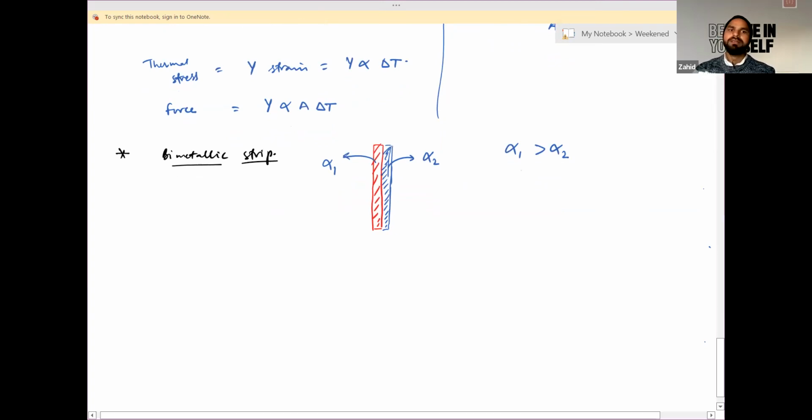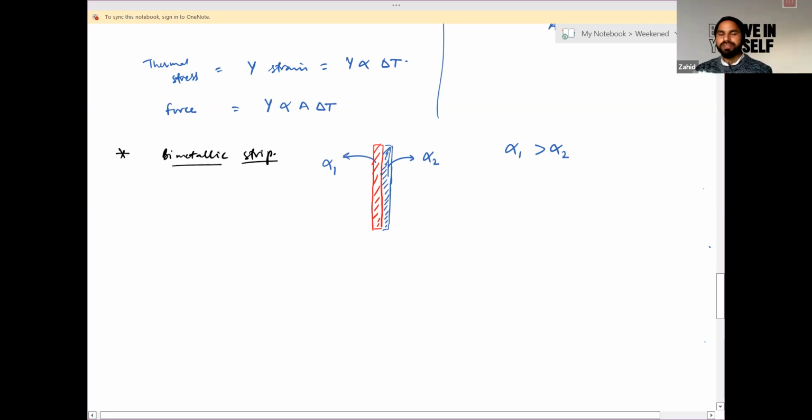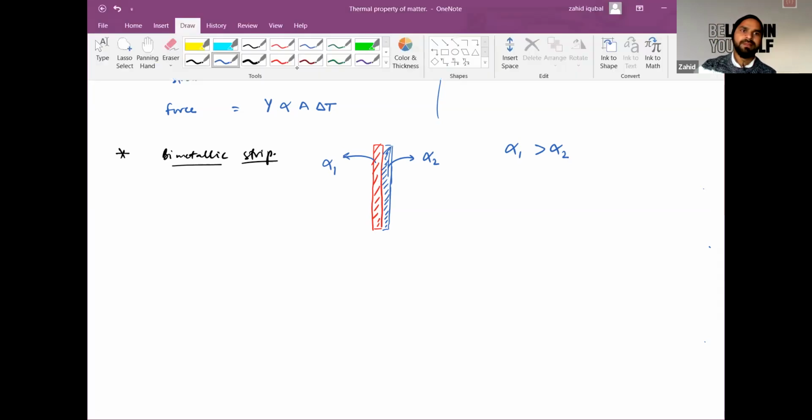My question is, we have two different rods having different coefficients of linear expansion attached to each other. Now, if you raise the temperature of this system, what will happen? Whether the two elongate at the same rate and remain straight, or it may get curved. Sir, it will get curved.